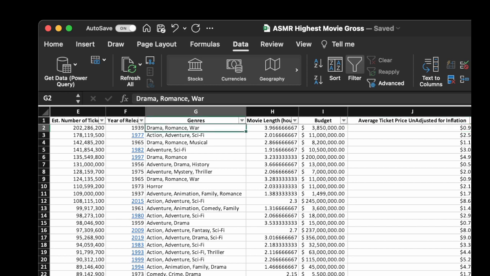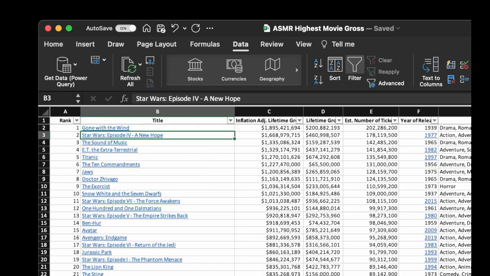There we go, Star Wars Episode 4, A New Hope. It was released in 1977. Sound of Music, 1965. E.T., 1982. Titanic, 1997. And, let's see, Ten Commandments, 1956.